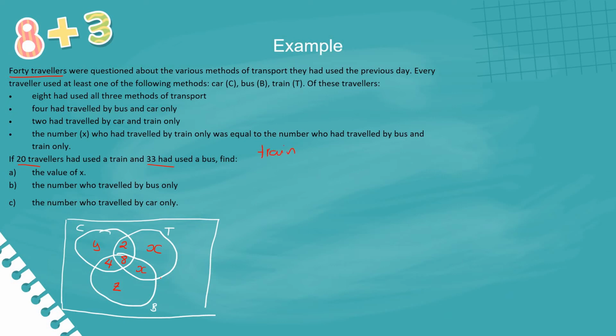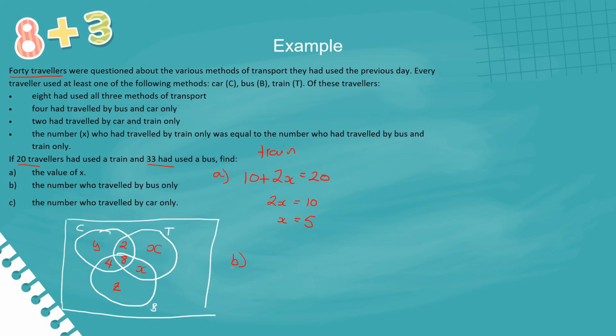So the total train, everything in the train circle, I've got 2 plus 8 is 10, plus x is 2x, needs to equal 20. So I get 2x equals 10 or x equals 5.